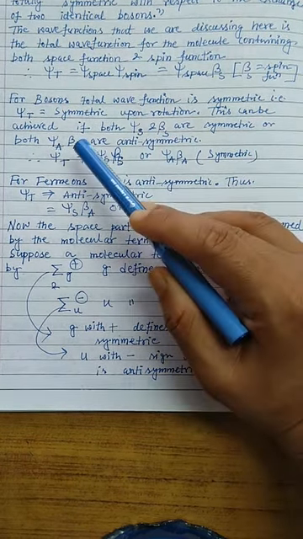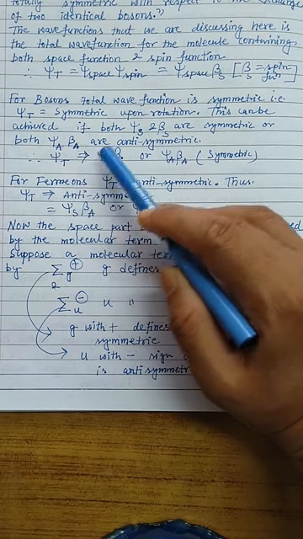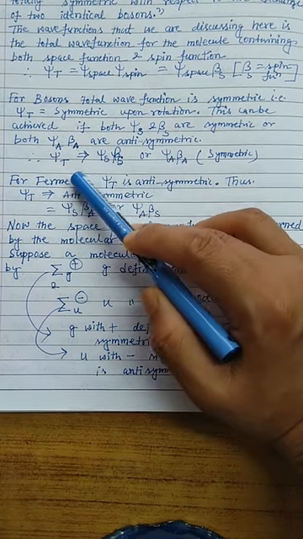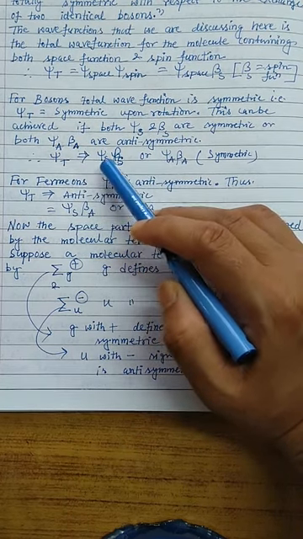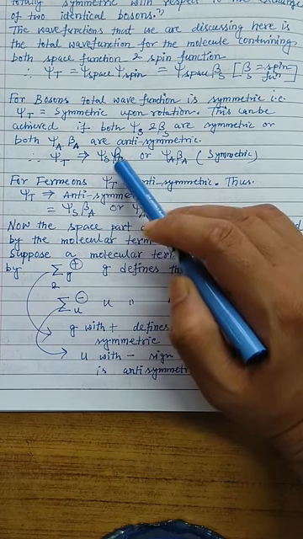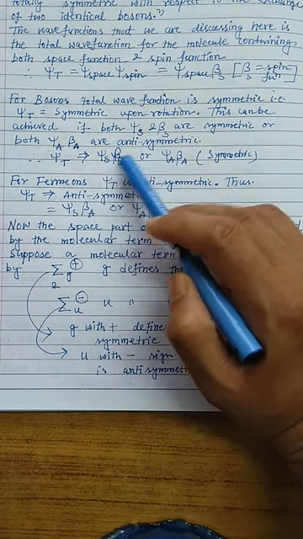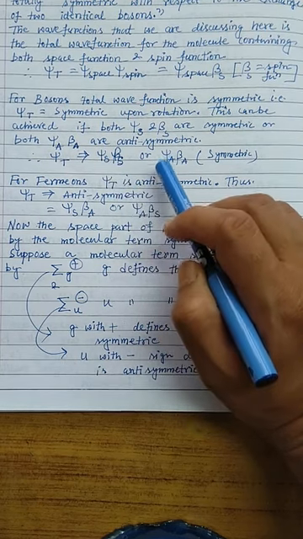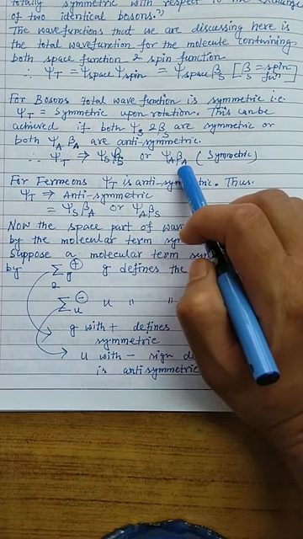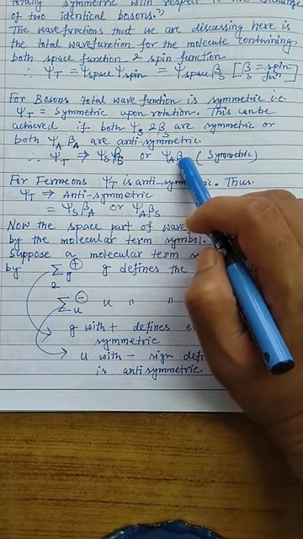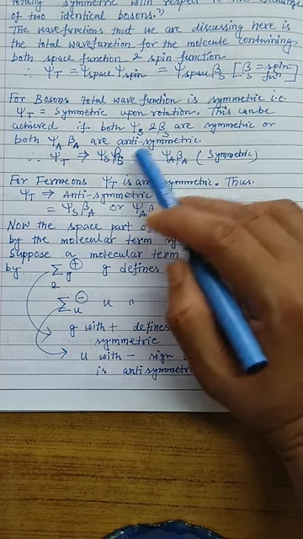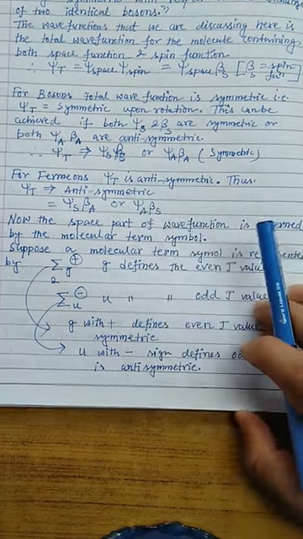Or both psi space and spin are anti-symmetric, just like minus times minus gives plus. So psi total can achieve symmetry in two ways: if both are symmetric, it is symmetric, and if psi space is anti-symmetric and the spin is also anti-symmetric, then also you get symmetric. In both conditions, the boson particle can achieve it this way.